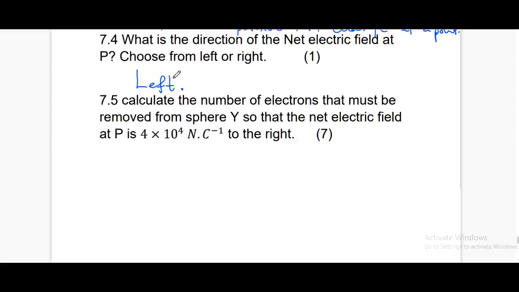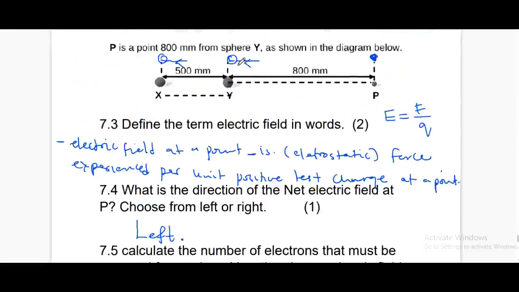When electrons are removed from sphere Y, it will be positive, and it will overpower the electric field at X. So the net electric field will be towards the right.